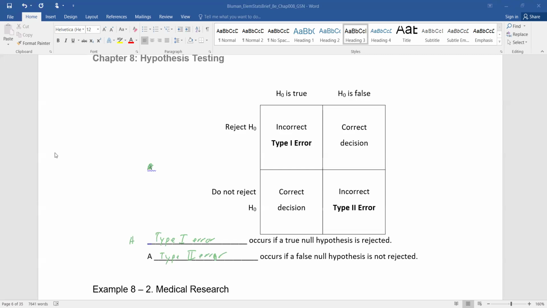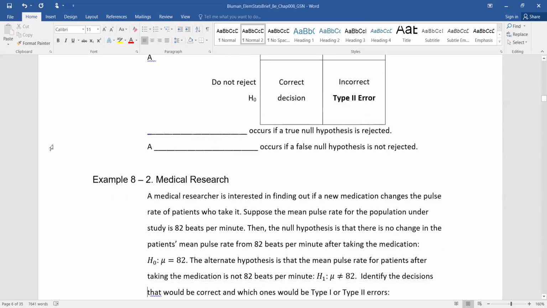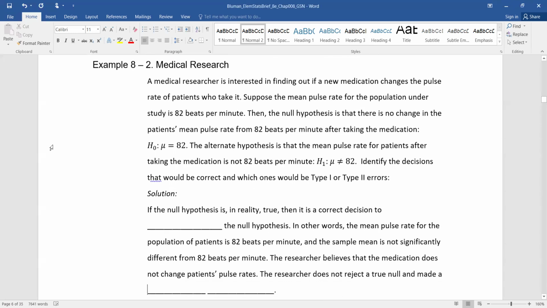We've done quite a bit of notes. In example 2, we're going to talk about medical research. It says a medical researcher is interested in finding out if a new medication changes the pulse rate of a patient who takes it.